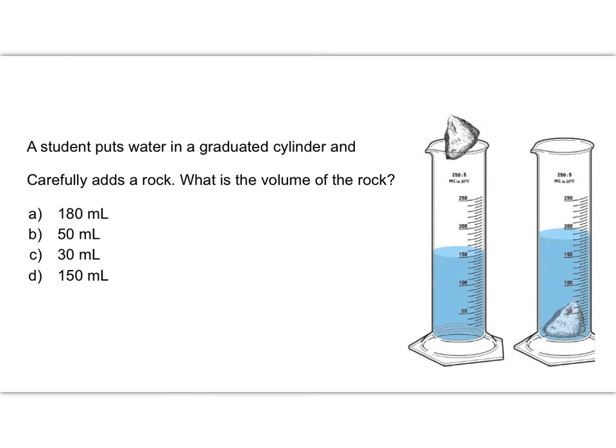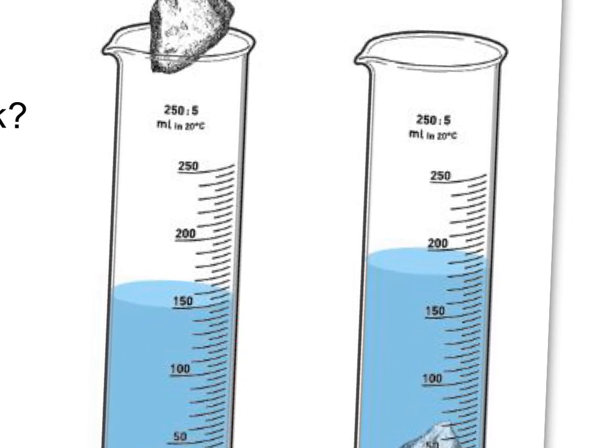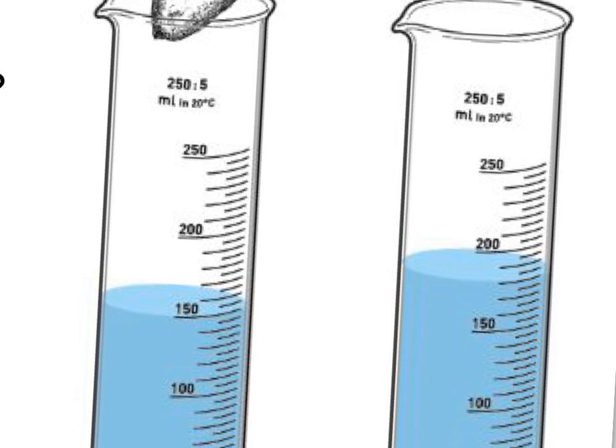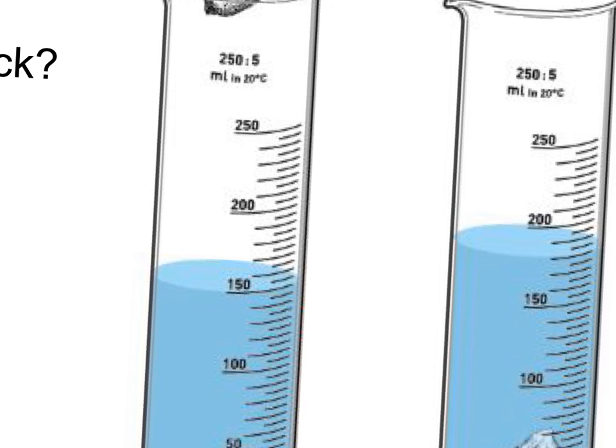Okay, a student puts water in a graduated cylinder and then adds a rock. What is the volume of the rock? So in order to take a look at this, what we really want to see is the volume of the water before and then after the rock is added. So it looks to me like before it's at 150 milliliters. And after, looks like each line represents 20 milliliters.